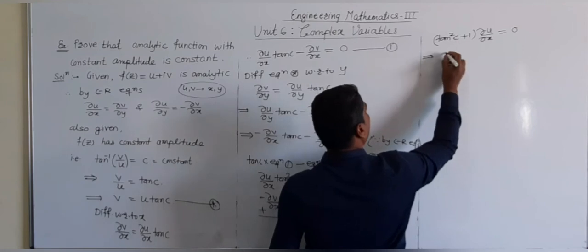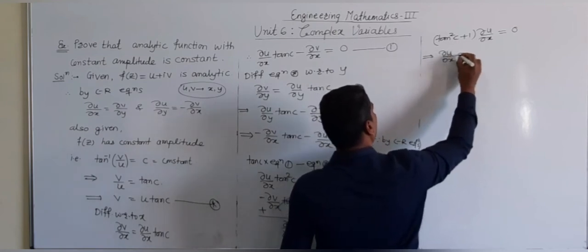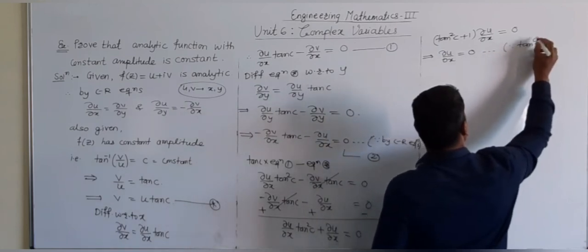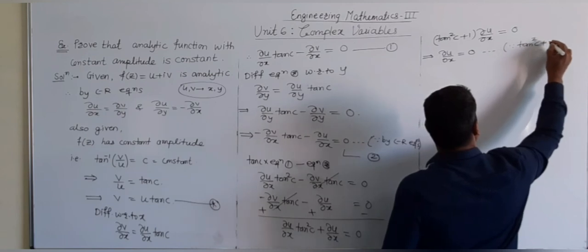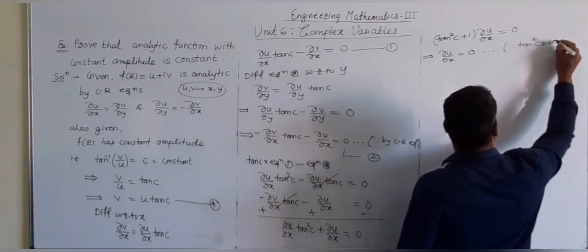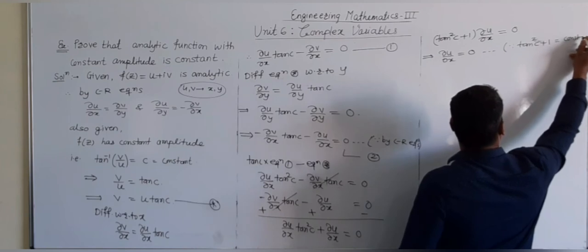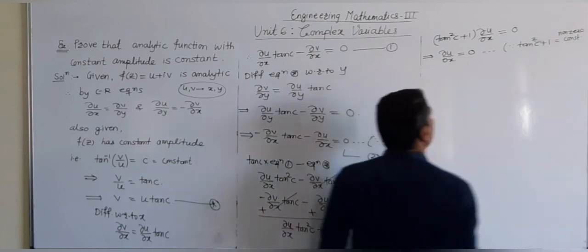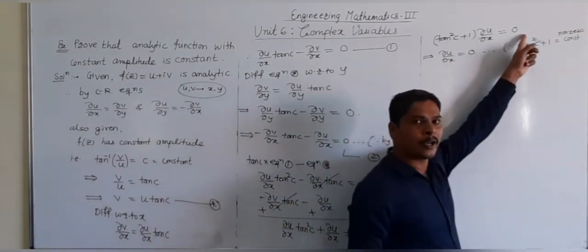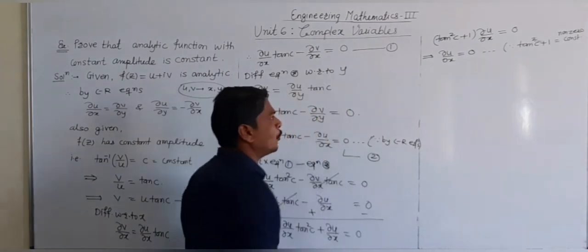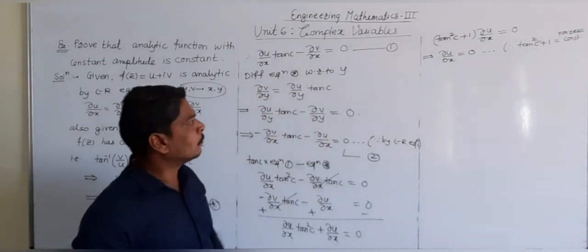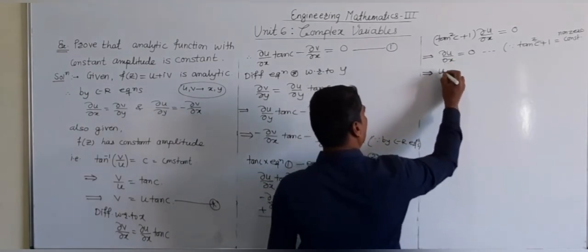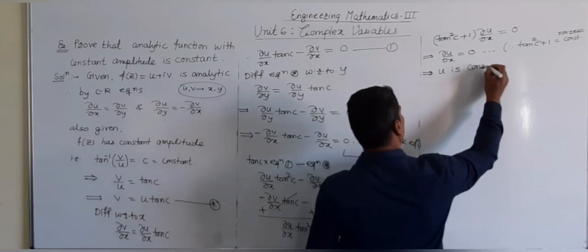So this implies ∂u/∂x is equal to 0, since tan square c plus 1 is a non-zero constant. So after shifting this bracket toward the right side, we get 0 divided by this constant, and 0 divided by any non-zero term becomes 0. So the derivative of u is 0, that means u is constant.